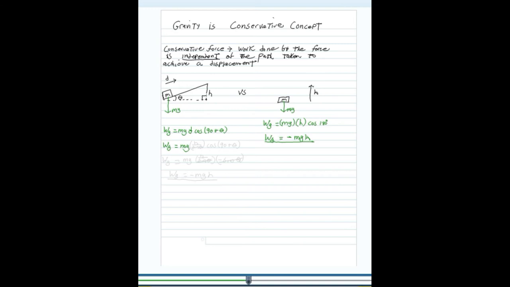So the sine of the angle theta is h over d. If I wanted to know d, I could rearrange that expression and say that d is h divided by sine theta. So let me make that substitution.